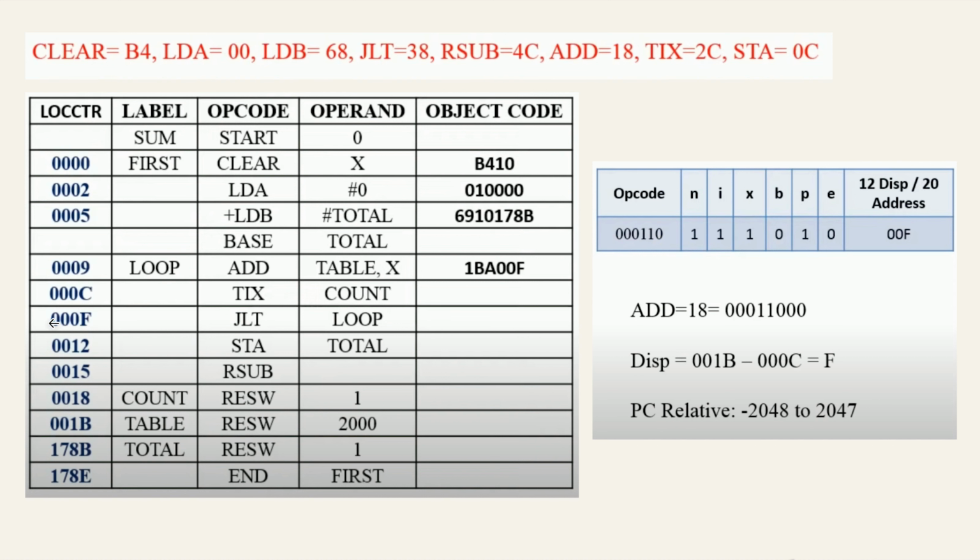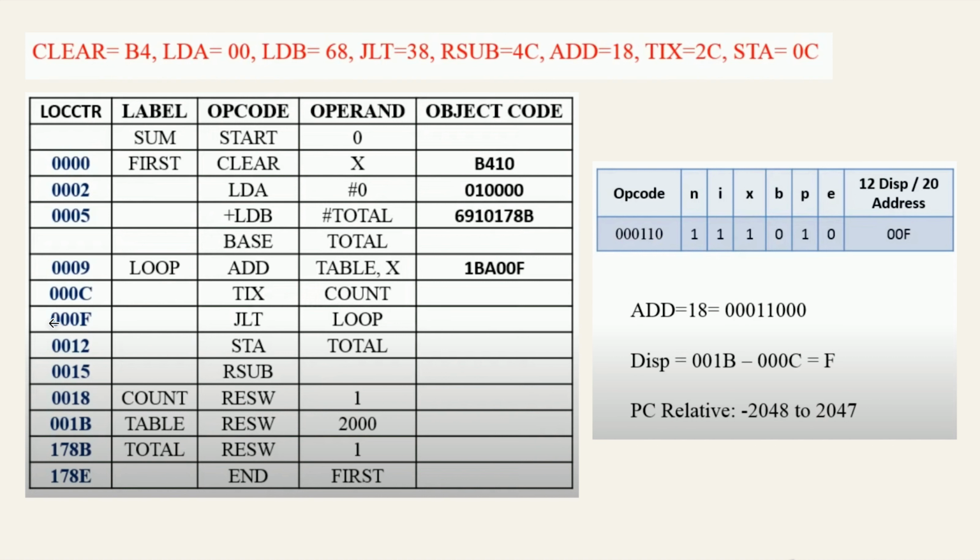Since it occupies 12 bits, we are going to take the last 3 hexadecimal digits, and that we will take to represent. 400C. C is 12, right? It is represented in this way. Okay. Now we are going to group it together to calculate the object code.